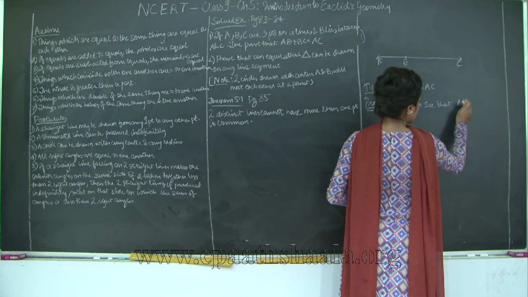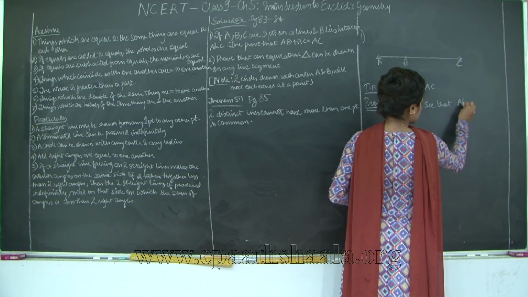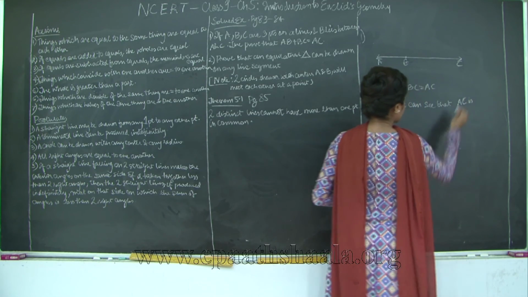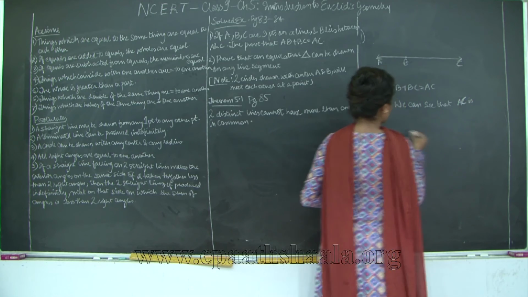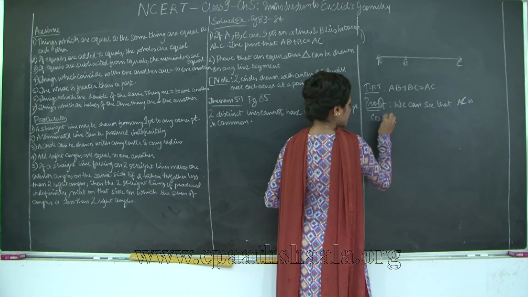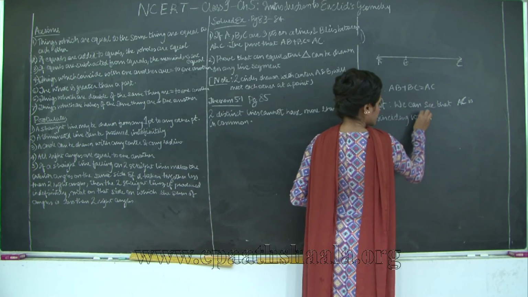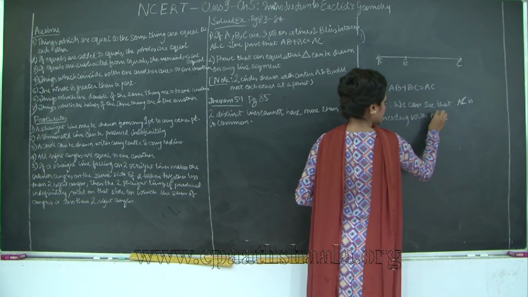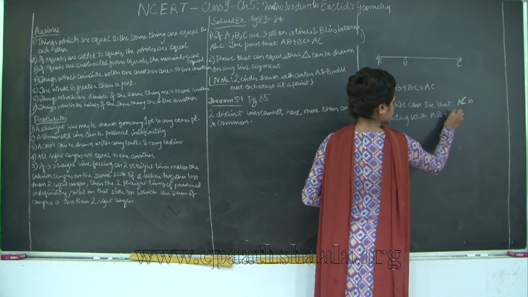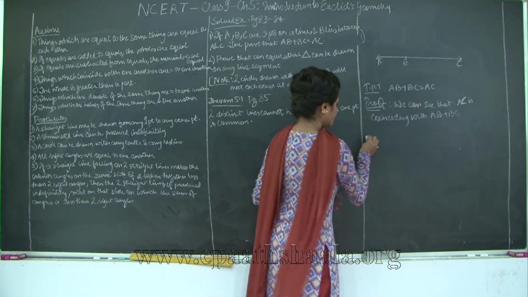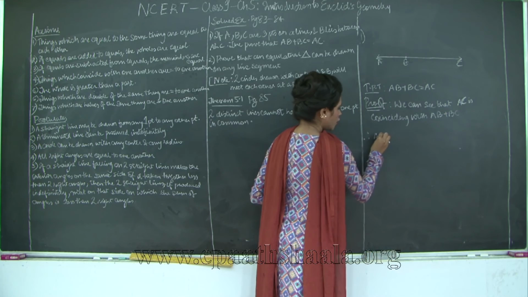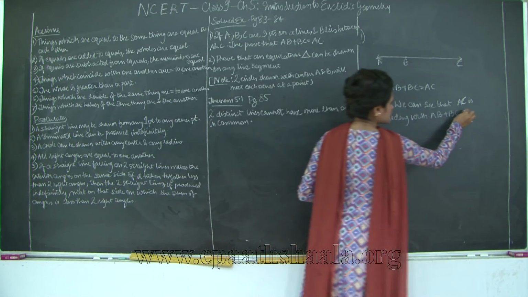We can see that AC is coinciding with AB plus BC. Therefore, according to the axiom, I will mark this as 1.